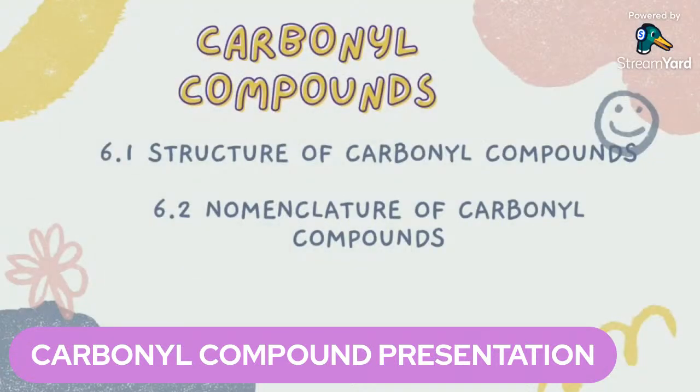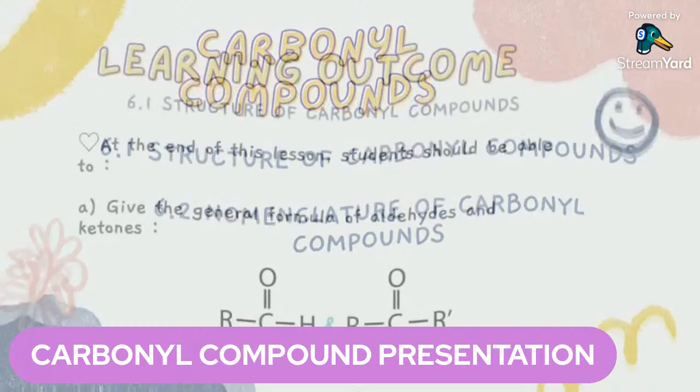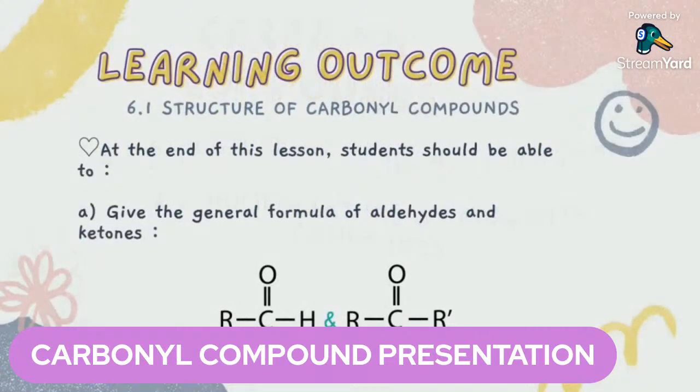Hi guys, so today kita akan belajar chapter 6 iaitu carbonyl compound. Chapter ini mengandungi 4 subtopik, but today kita akan belajar hanya 2 subtopik iaitu 6.1 dan 6.2. First, let's look at 6.1 structure of carbonyl compound.